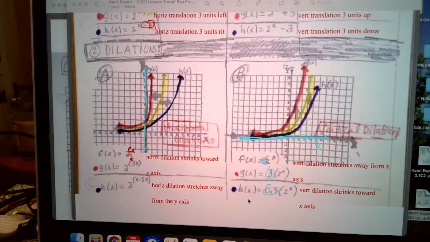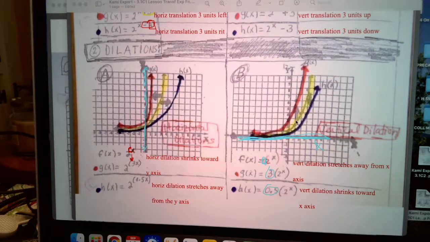The second type of dilation is vertical. That's dependent upon the number in front of the function, a. So here, the parent function is 2 to the x in the y1. That's in yellow. On your graphing calculator, you put in the y1 and the y2, this time with 3 times 2 to the x.